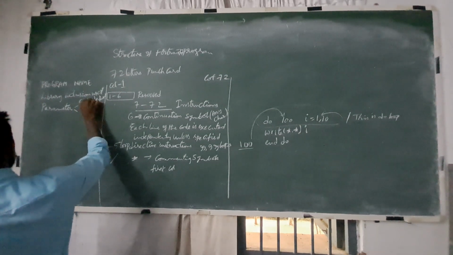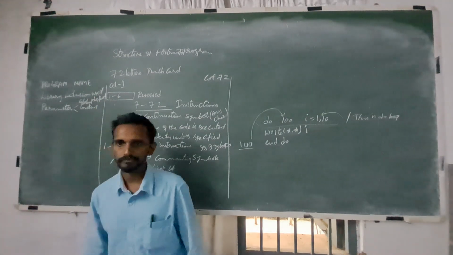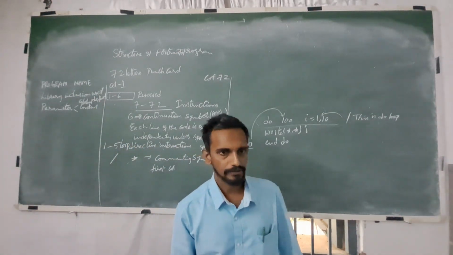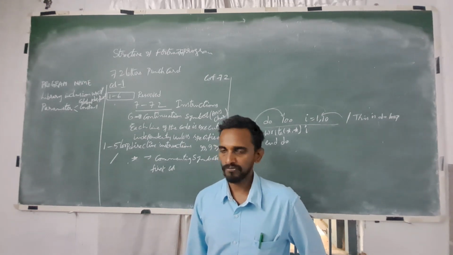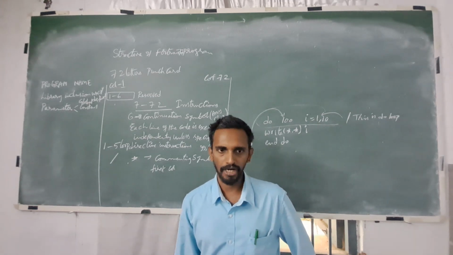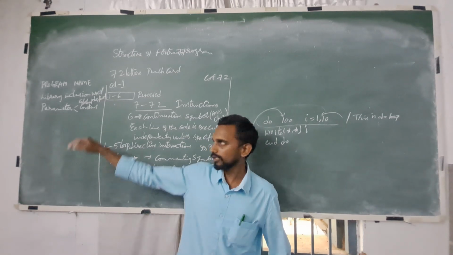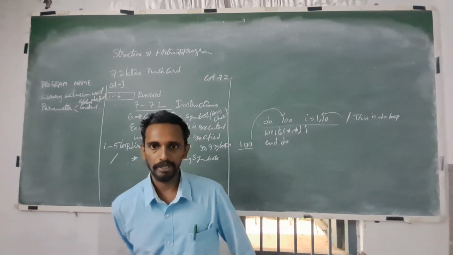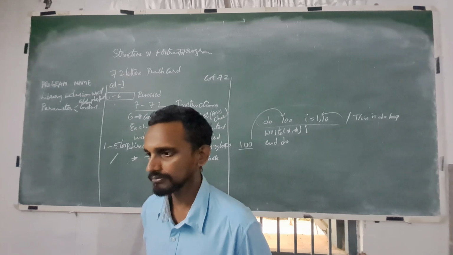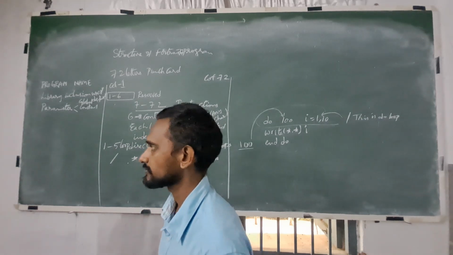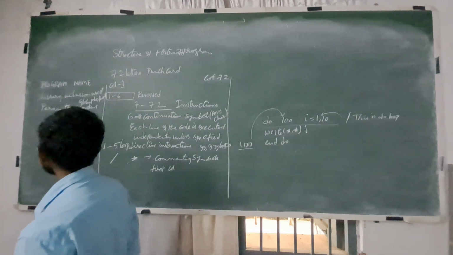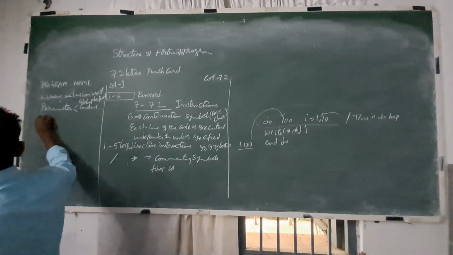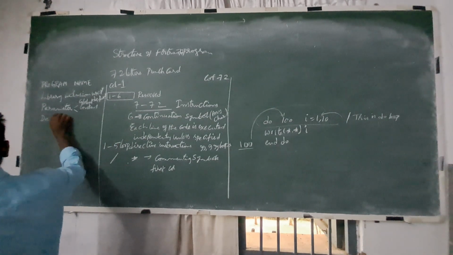Global constants will be defined here, like pi, or number of rows and columns in a matrix. This kind of global constants will be defined in parameter. Then comes the declaration of variables.